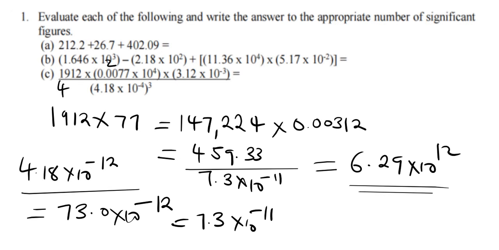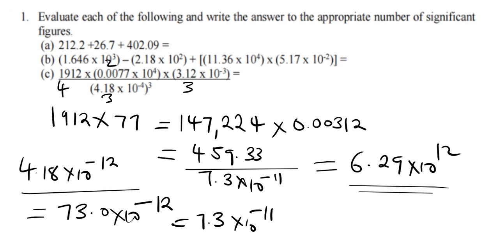Then the other one has 3 significant figures. Then the last one has 3 significant figures. Now because we're multiplying, according to the rule of multiplication, you get the one with the least number of significant figures. So in this case, our answer should have 2 significant figures. So this is our answer there.